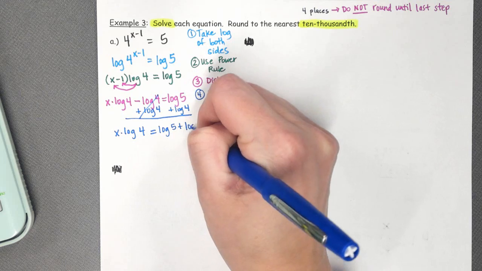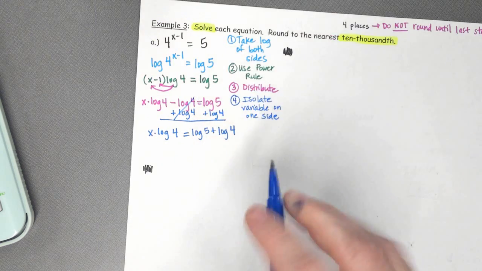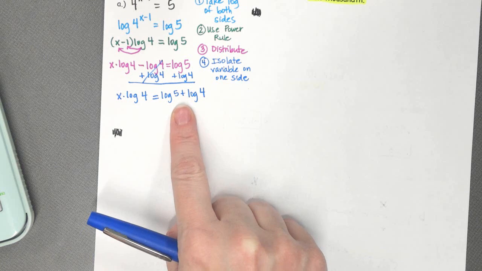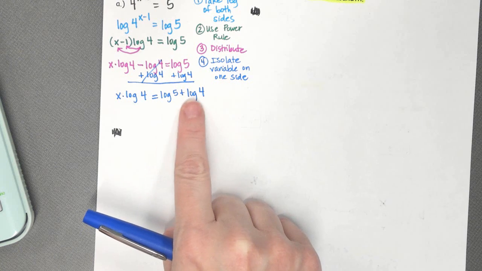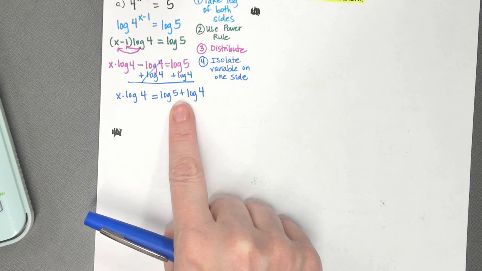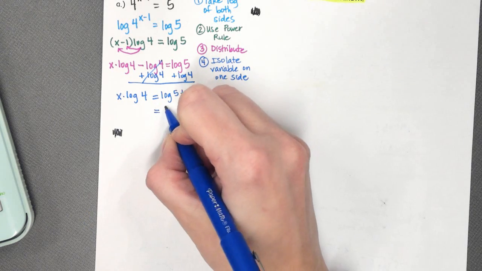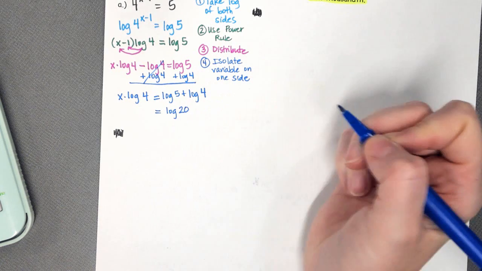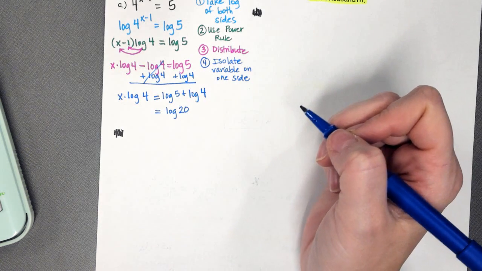And then here you actually have a couple options. So you can leave it like this, that's perfectly fine. Or if you want to condense it, remember that we have the product rule. If you're adding, what could I make this? Log of what? Log of 20. 5 times 4 is 20, right? So it would be less to put in your calculator.